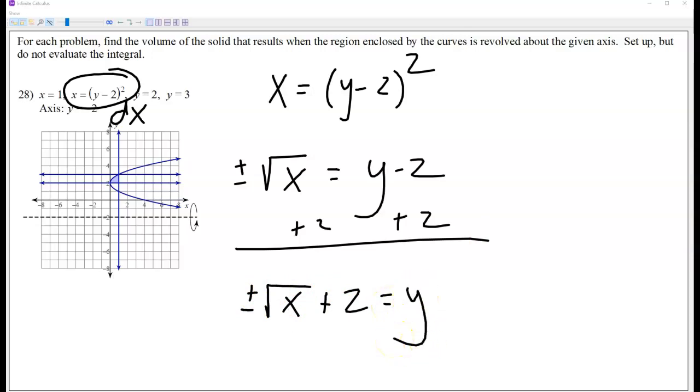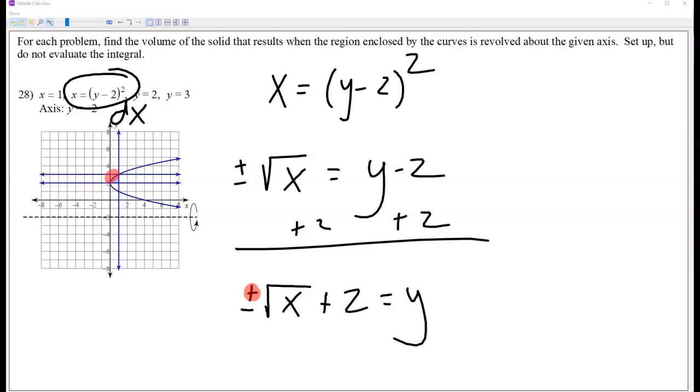All right, there's that. Now, whenever you are doing a dx problem and you get a plus and a minus like that, the positive one represents the top half of the function, and the negative one represents the bottom half. Now, as you can see, the area that we're working with is only the top half, so we don't really care about the negative part of this answer.